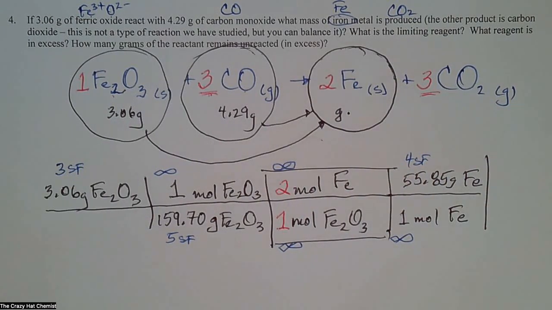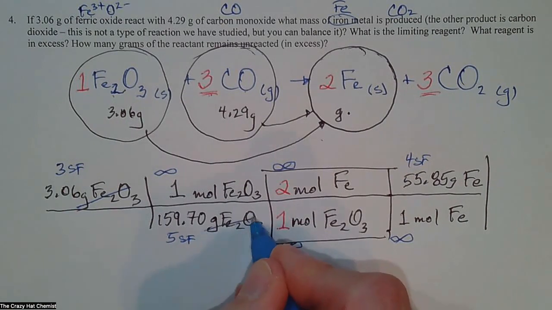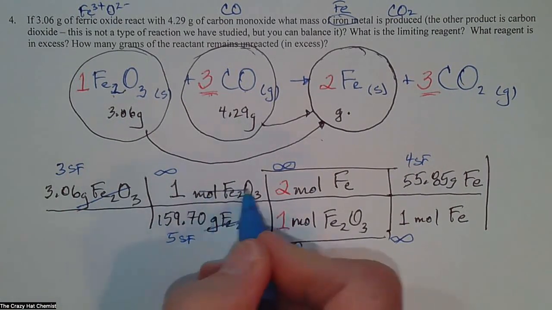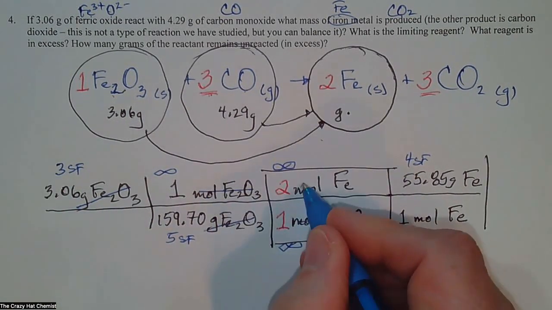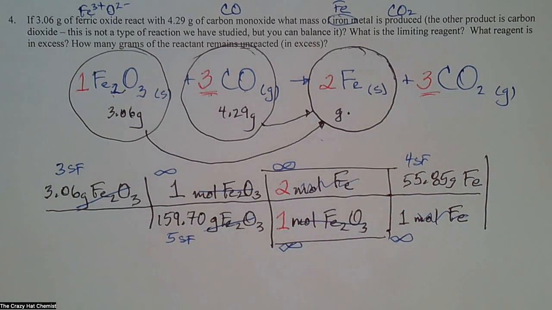So the fewest number of significant figures I have is 3. I'm canceling out my units and formula of grams of ferric oxide, moles of ferric oxide, moles of iron. And then I'm left with grams of iron. So I'm going to get a numeric value for this in my calculator. And that numeric value is 2.14 grams of Fe, that's iron.